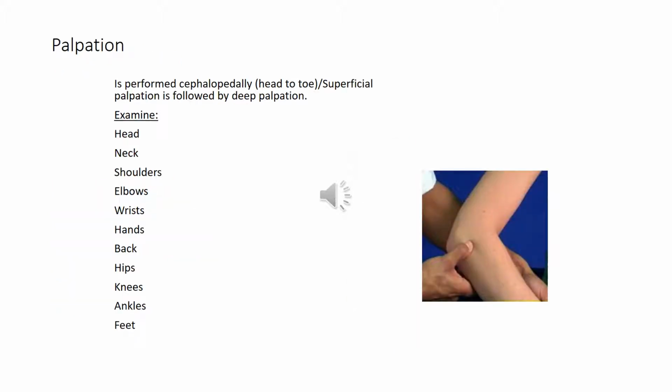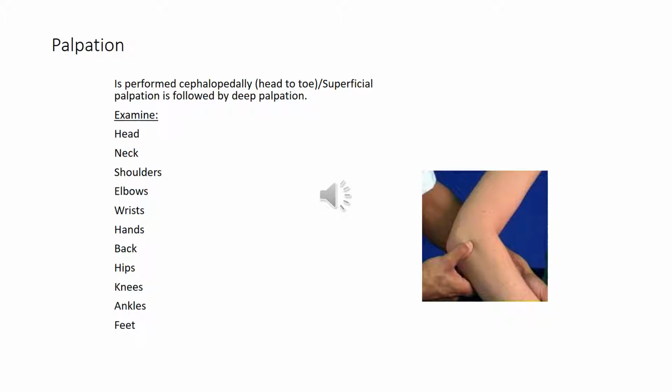Okay, the next thing is palpation. We want to carefully palpate any area that has aroused concern. Now don't forget that they're in pain, so be careful. So anything that they have complained of or that appears abnormal on inspection.